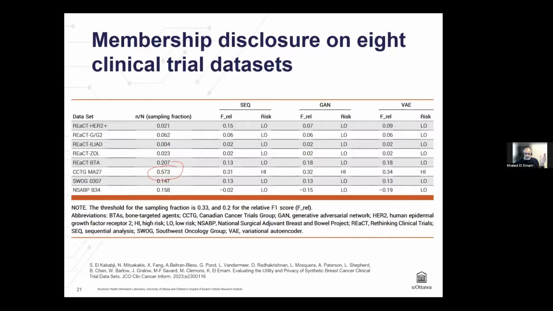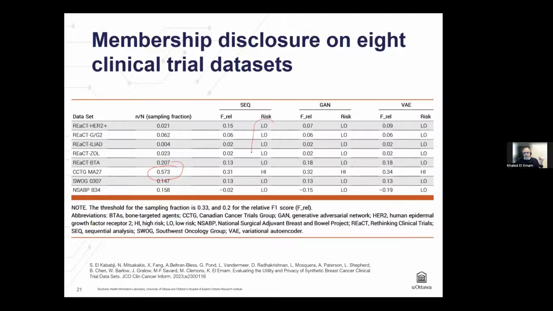So we're able to estimate the population, and CCTG at the time it ran the MA27 trial represented 57% of the population. So if you just guess that Sally was in the training data set, you'd be correct 57% of the time, which is higher than our threshold. So you had no chance. Membership disclosure is going to be high for this data set, whatever you do.